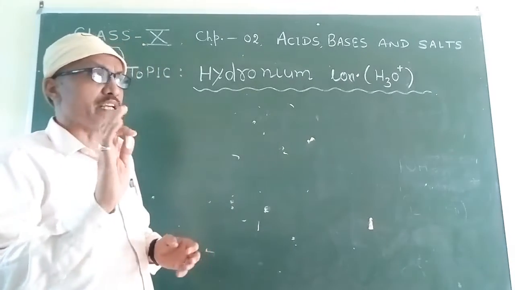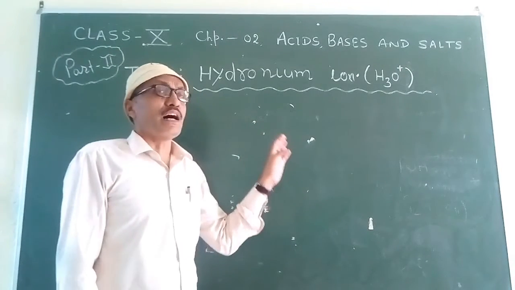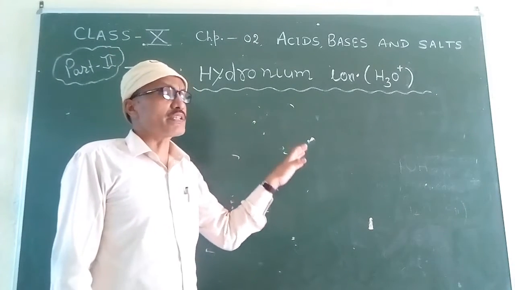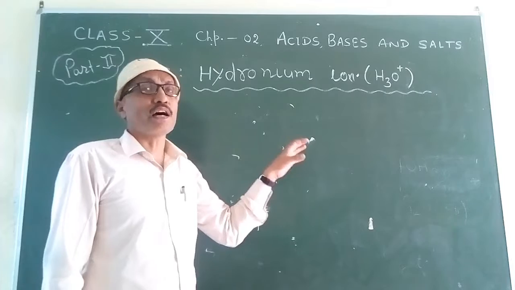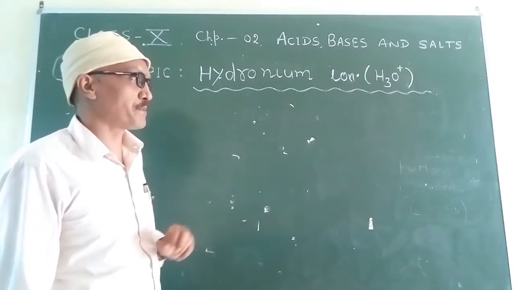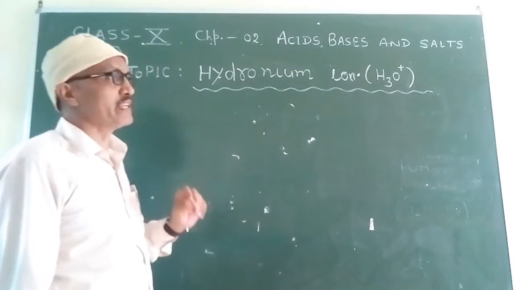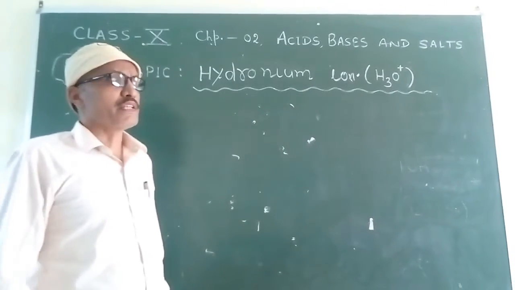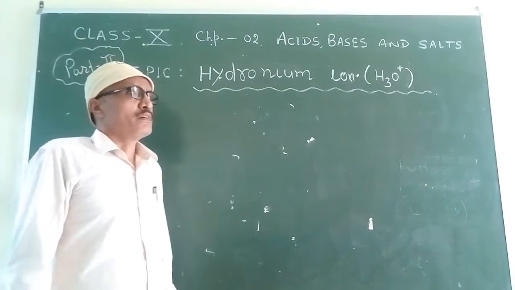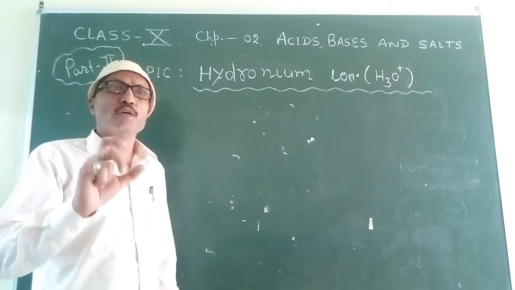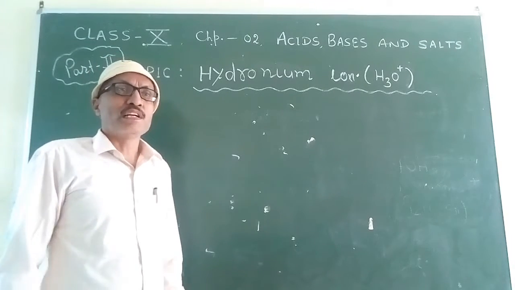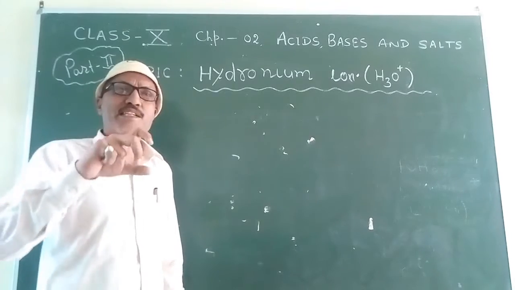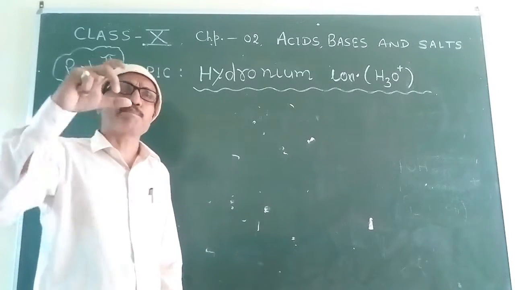So students, keep in mind, acids are those substances which have replaceable hydrogens. Students, now let me say about the hydronium ion. Students, hydrogen ion of acid does not exist as H plus in solution.